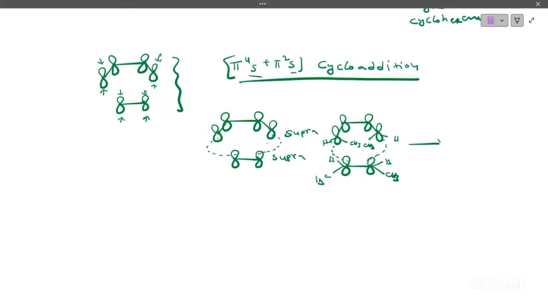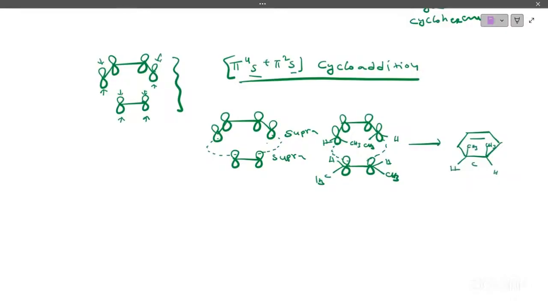Then the resulting product we can show like this. These two hydrogens are far away from the observer. Therefore, the bottommost groups are far from the observer, and these methyl groups are upper groups. There is no change in the stereochemistry while this is involved in supra mode of addition. Therefore, it leads to the formation of cis product.